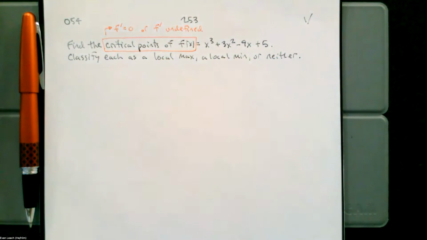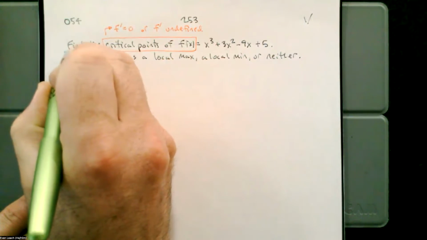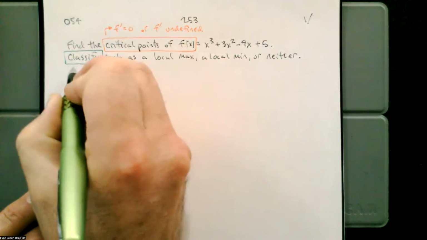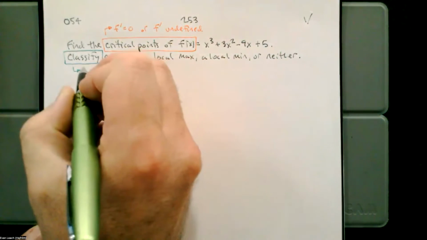And here we have some options in the classification department. One option is to check points near the critical points. Check for the direction of the function. Use the first derivative to check the direction of the function.